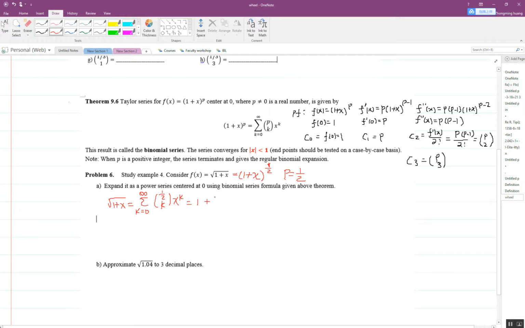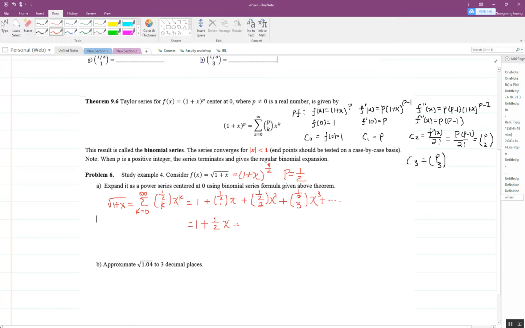When k is 1, it's 1/2 choose 1 times x, plus when k is 2, 1/2 choose 2 x squared. Then 1/2 choose 3 x cubed, and so on and so forth. Then do the algebra here. This is easy. 1/2 choose 1 is always 1/2. n choose 1 is always n.